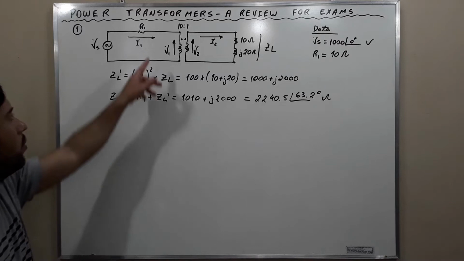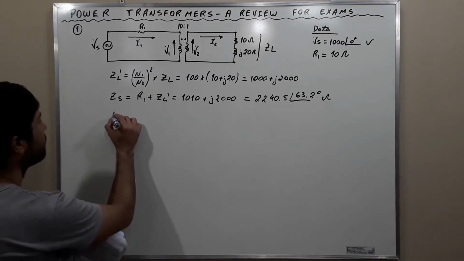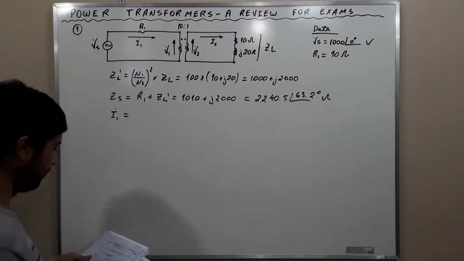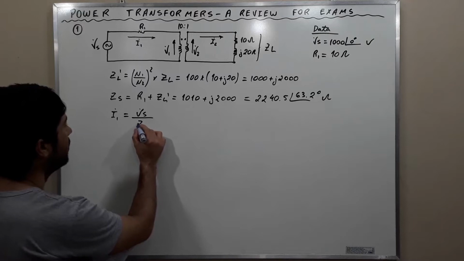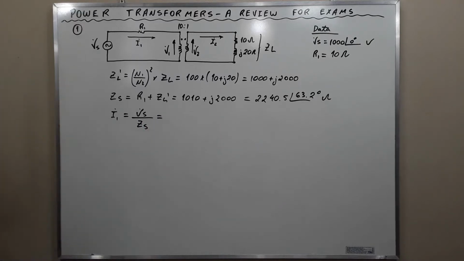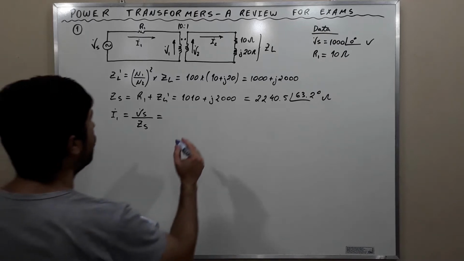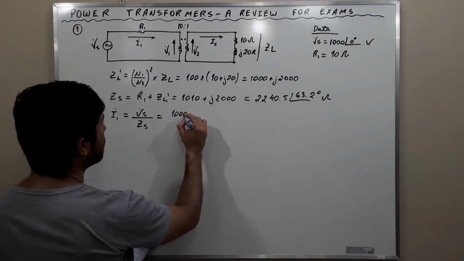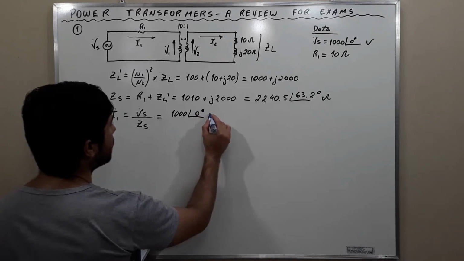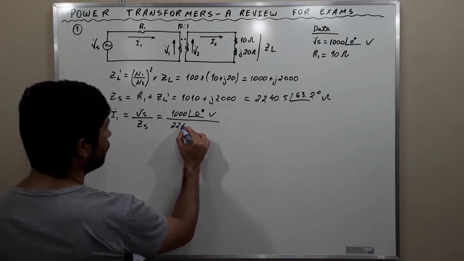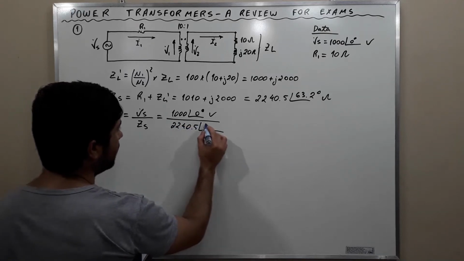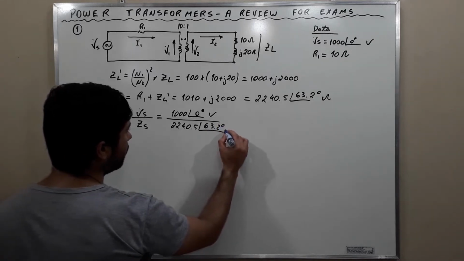The primary current I1 is going to be the voltage of the source divided by the total impedance, or the impedance seen by the power supply. This is 1000 phase 0 degrees divided by 2240.5 phase 63.2 degrees ohms.